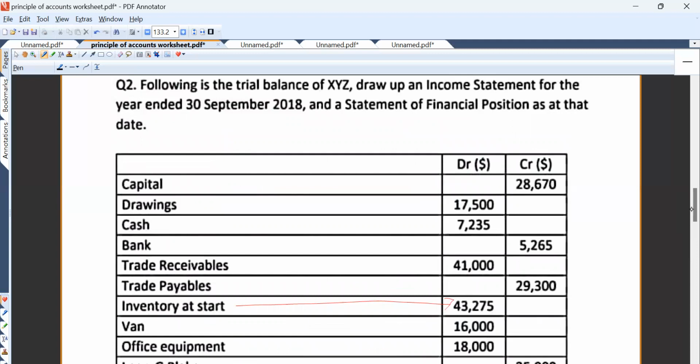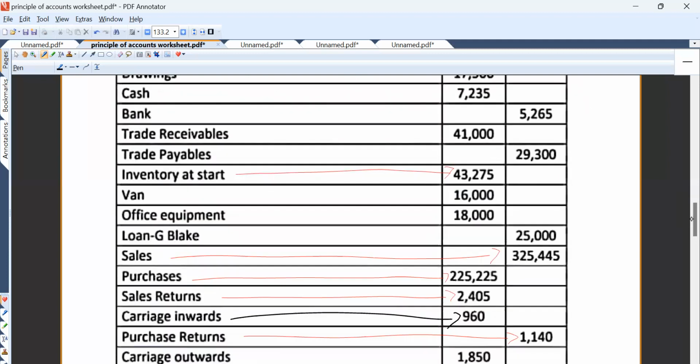It's written over office equipment. Van is our non-current asset because we use it in generating profitability, and it has a life of more than a year. It's not an expense, it's a non-current asset because we own it and we are using it for generating profitability. Van refers to delivery vehicle, motor vehicle. Office equipment are also non-current assets.